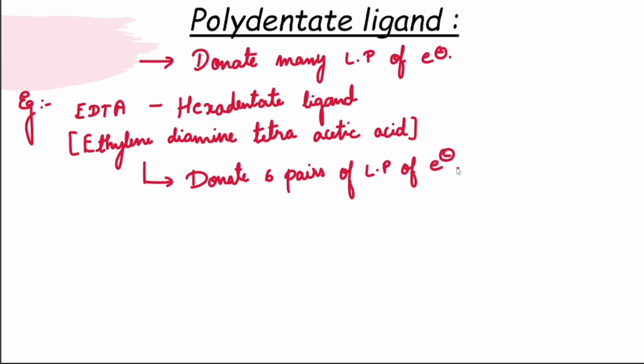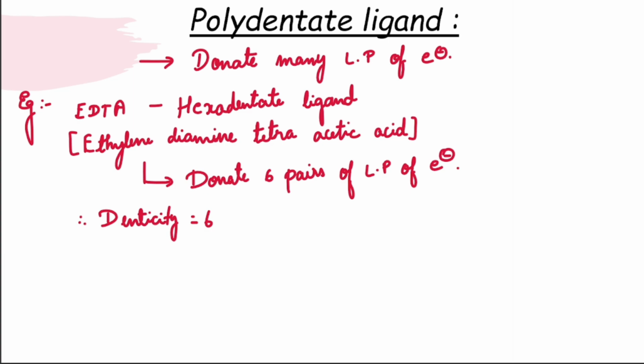So as it is a polydentate ligand, a hexadentate ligand, the denticity of the EDTA will be 6. Similarly, for the tridentate ligand, the denticity will be 3. For bidentate, the denticity will be 2. The denticity denotes how many lone pairs of electrons a ligand is donating.